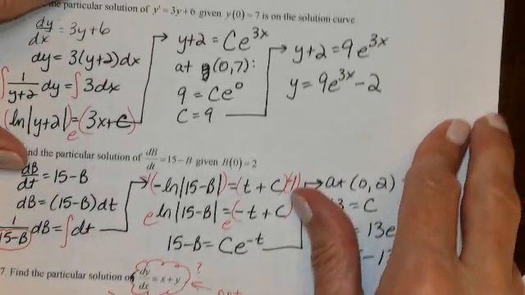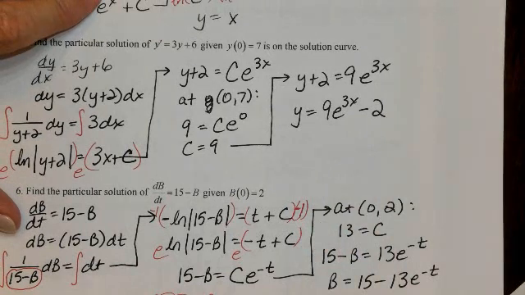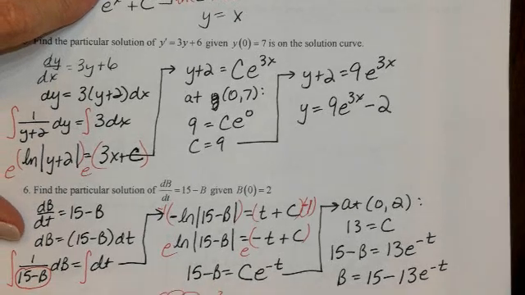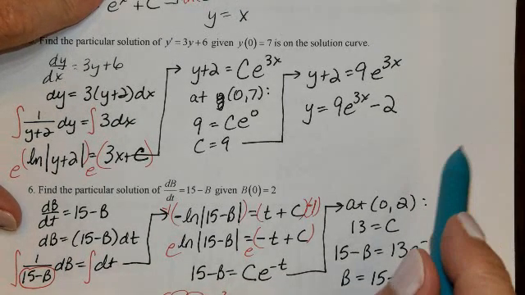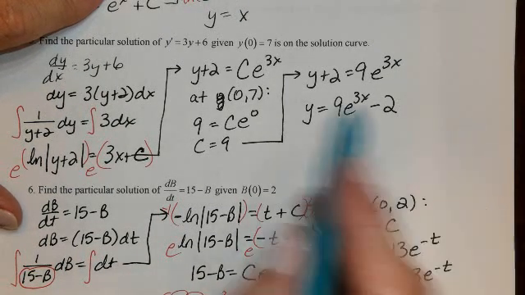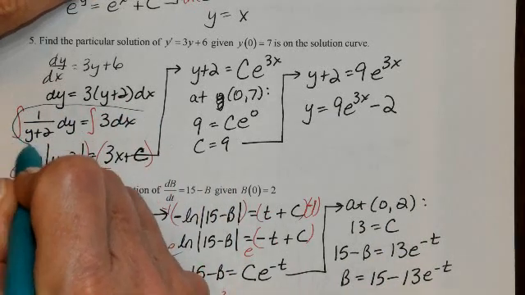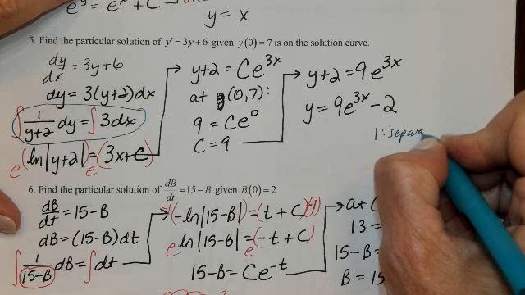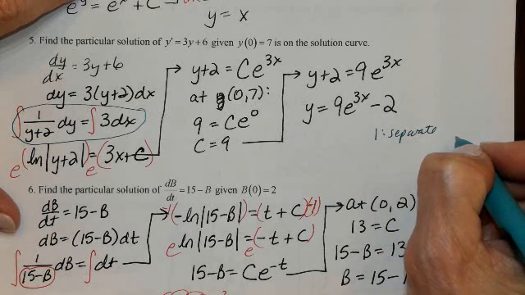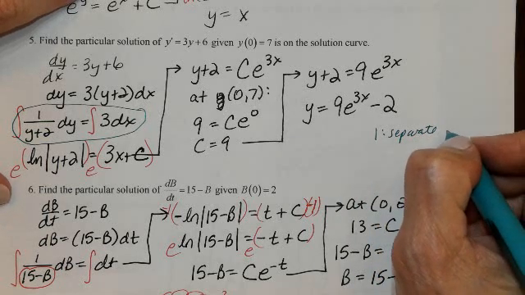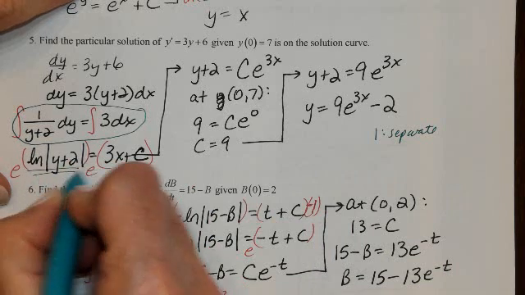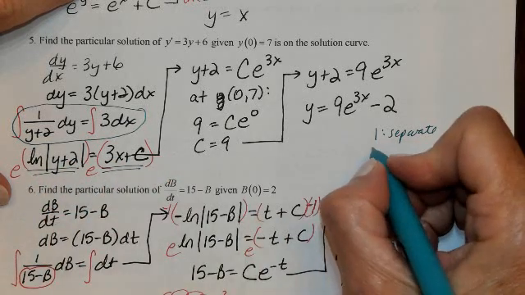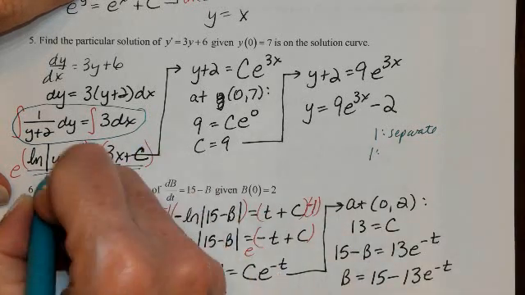I will say this: solving differential equations on the AP exam are always worth a lot of points. Let me quickly give you a breakdown of points you would score on this. You always get a point just for separating. Then you usually get another point for your antiderivatives.